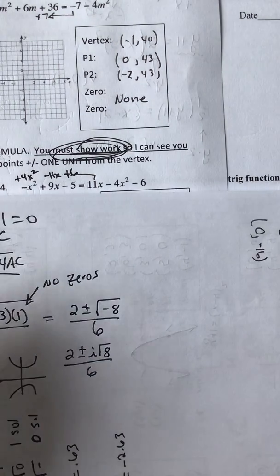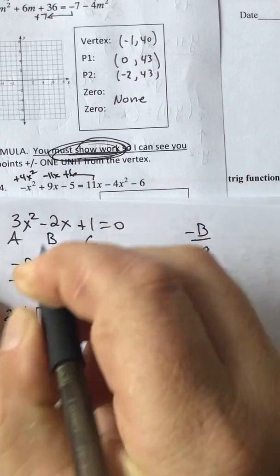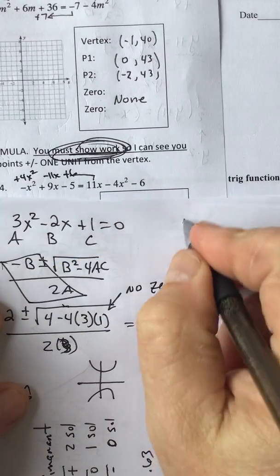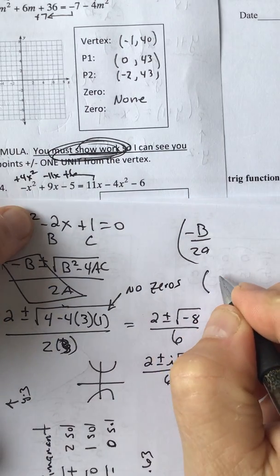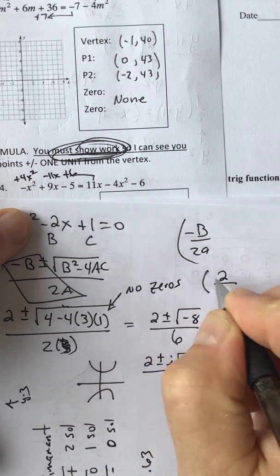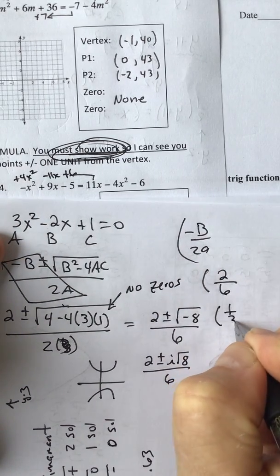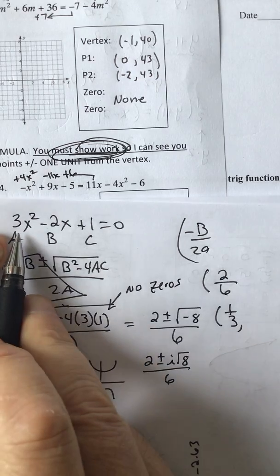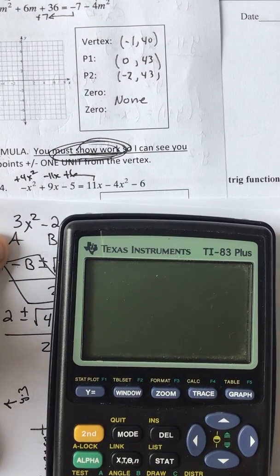The vertex. Negative b over 2a, the front part of the quadratic formula, gives me the x part of the vertex. So that's going to be negative b, so negative negative 2 over 2 times 3. So the vertex starts at 1/3. Now I need to stick 1/3 in there. I'm just going to have my machine do that.